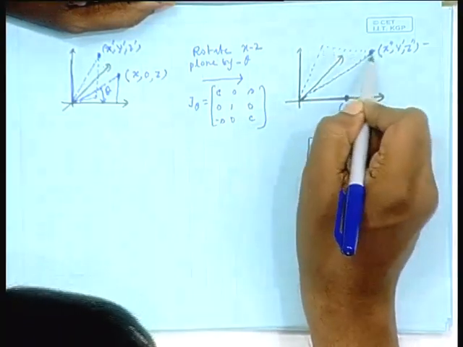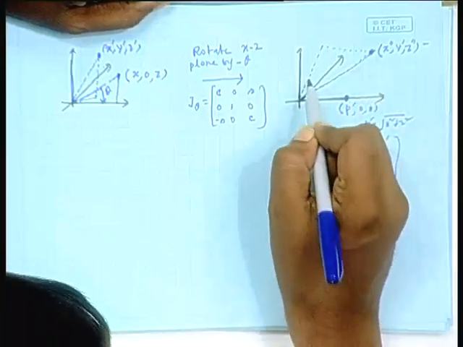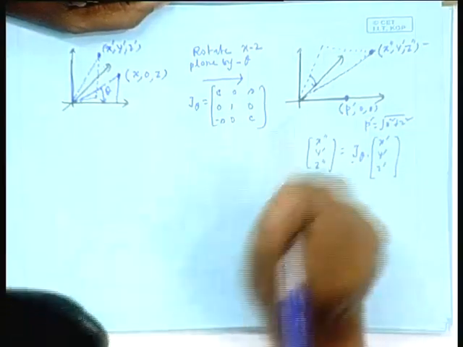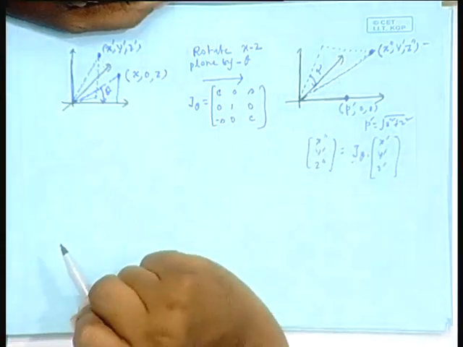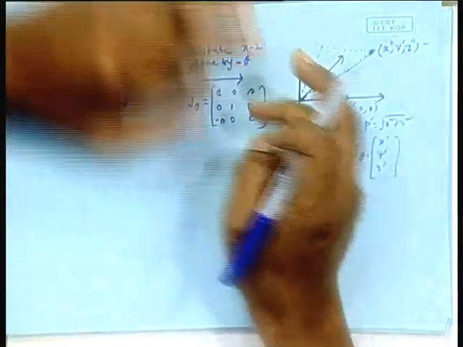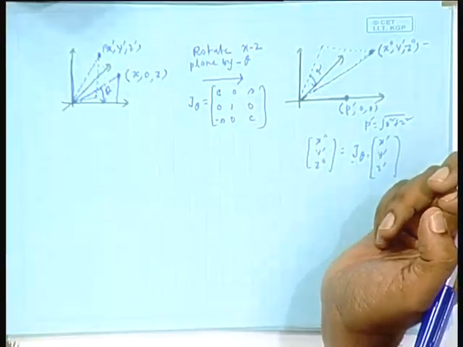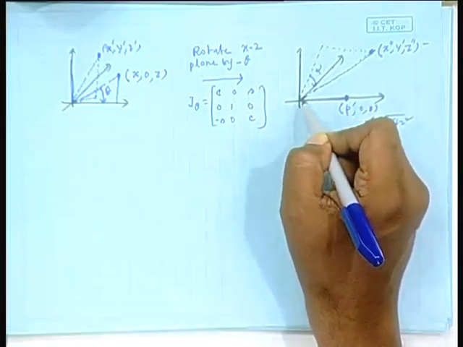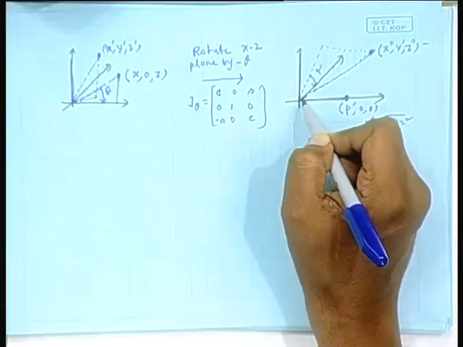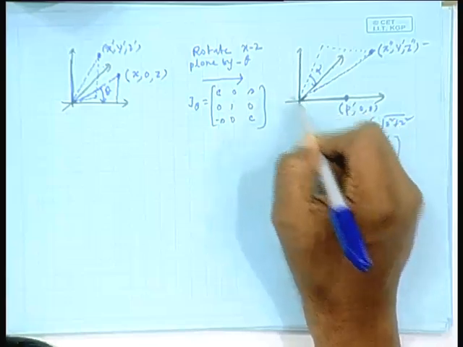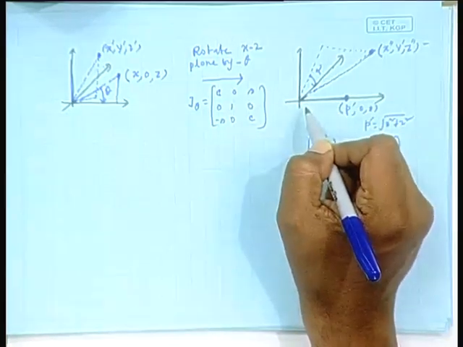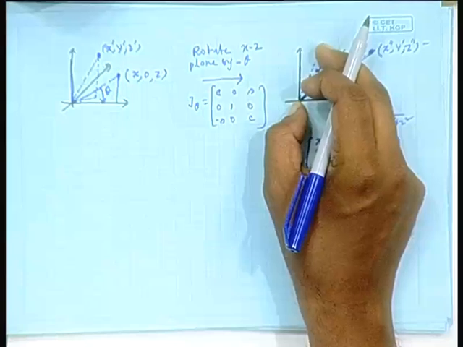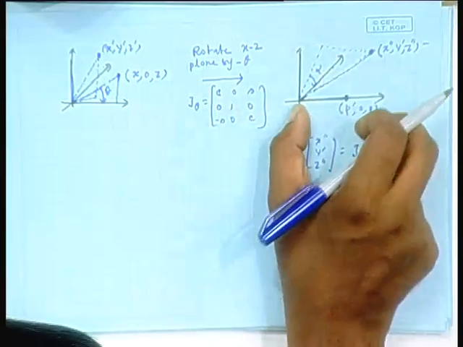This much is your x double prime, let it remain intact and find out this angle. This angle let be alpha. So, if I rotate the y z plane by minus alpha, then this axis will coincide with this, z will be orthogonal to that. So, that means in the new coordinate system this length only will be the y value, z will be 0, x will be as it is.